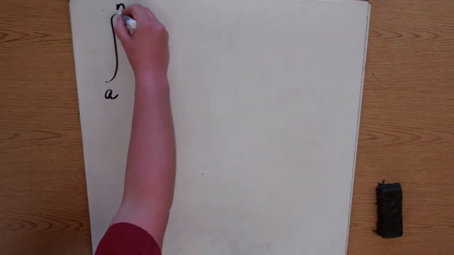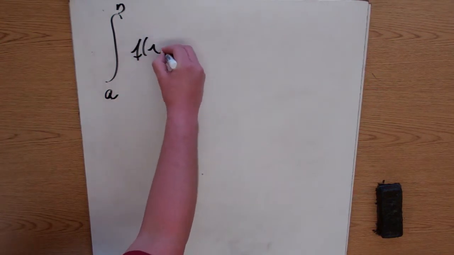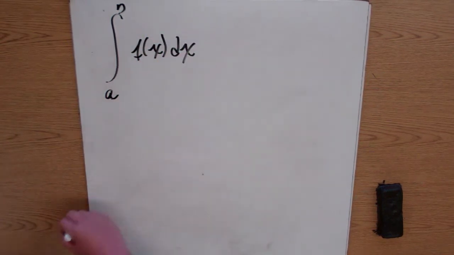Alright, let's look at another property now. So here we have the integral from a to b of some function f of x dx.